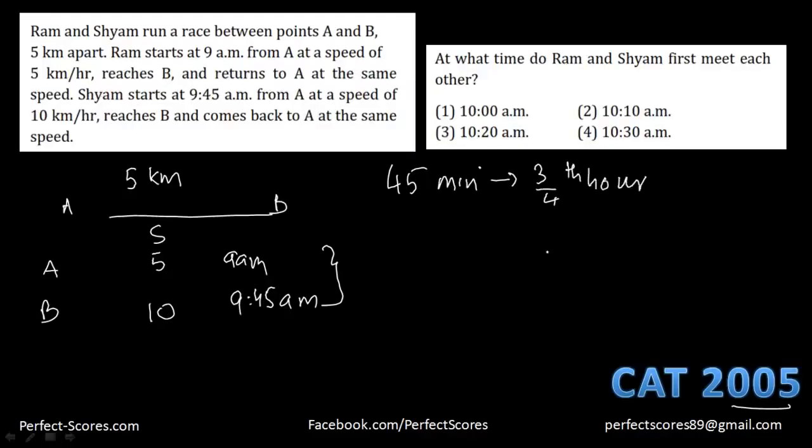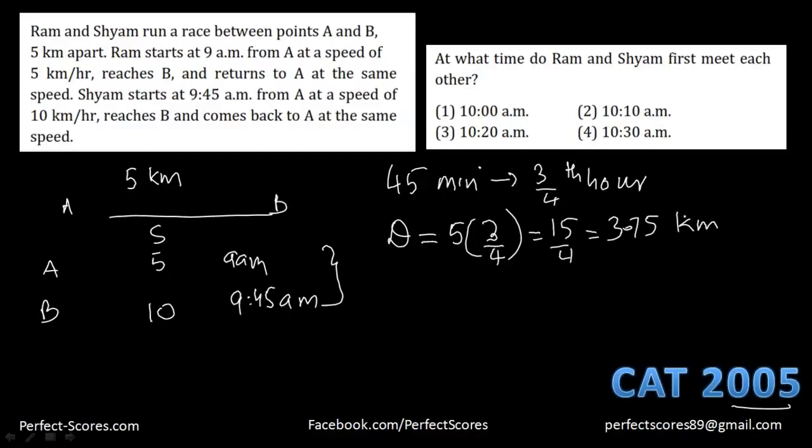How much of the distance has car A traveled? Because car A is the one which actually started first. So the distance traveled would be the speed of car A, that is 5 kilometers per hour, into the time, that is 3 by 4 hours. That is going to be equal to 15 by 4, which is equal to 3.75 kilometers.